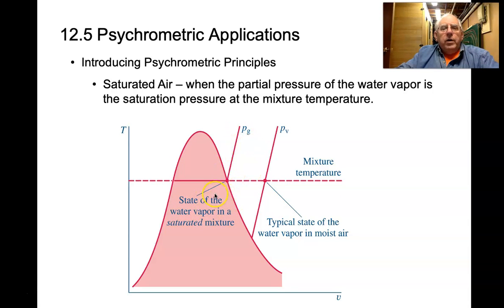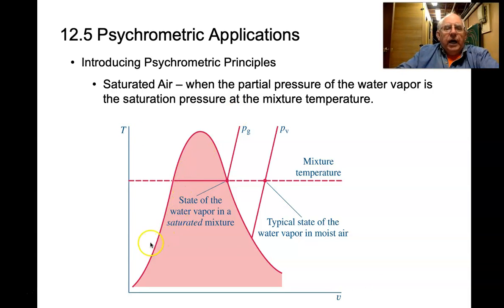And what we know is that there are lines of constant pressure that can be drawn on such a curve. Prior to this time, we looked at pressure-volume, and we talked about lines of constant temperature, but now we're interested in the temperature-volume, and we have corresponding lines of constant pressure.